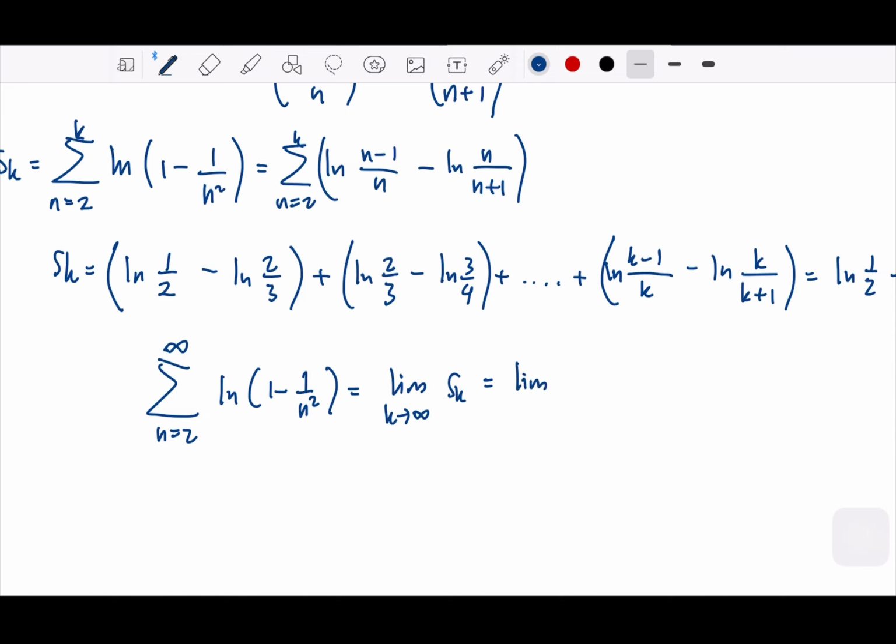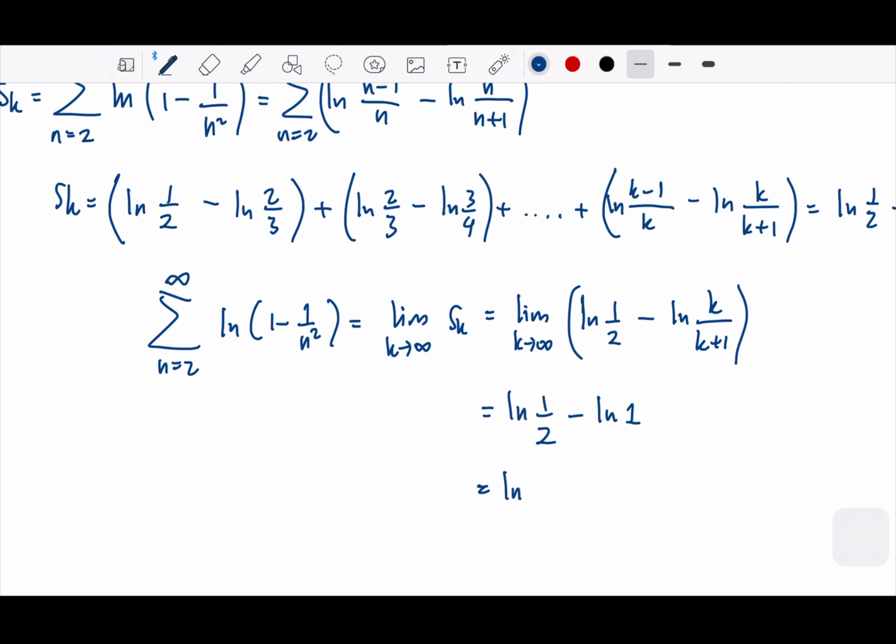So the limit of ln half minus ln of (k over k plus 1), and we will have ln half minus, take the limit for k over k plus 1, which is 1, right? So it will become ln 1, which is 0. So we will have ln half minus ln 1, or we will have negative ln 2, or ln half.